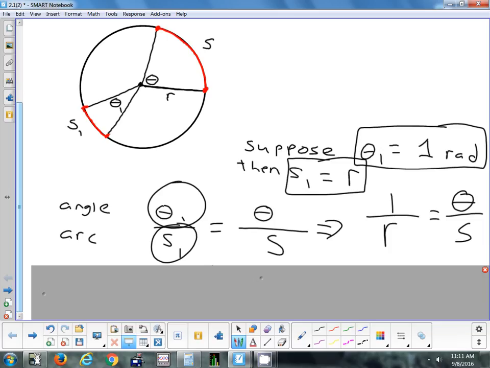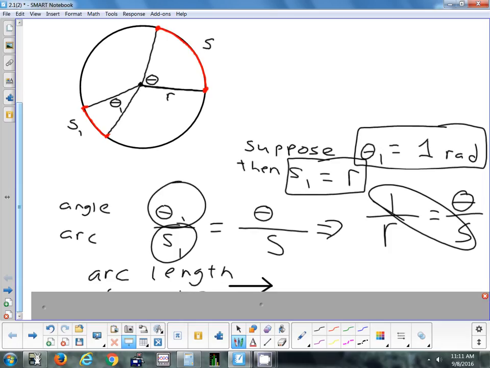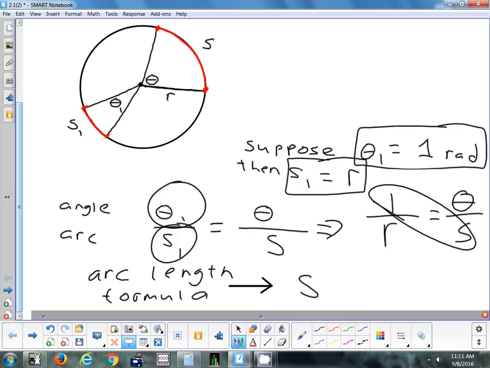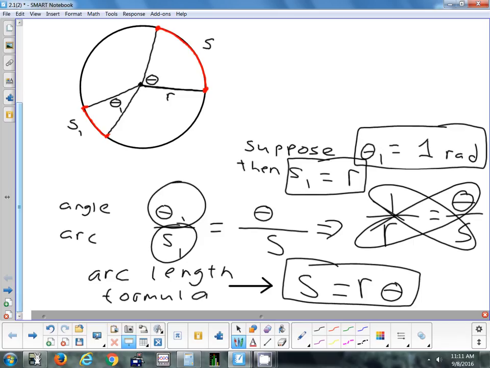Yeah, we're going to cross multiply. We're going to do S times 1, which is just S. And then we're going to do R times theta. There's not really much I can do with R times theta. I just leave it. And that is your arc length formula. S equals R theta.